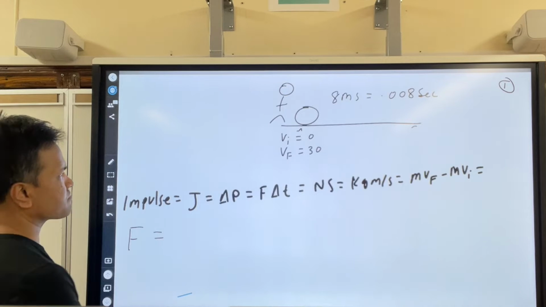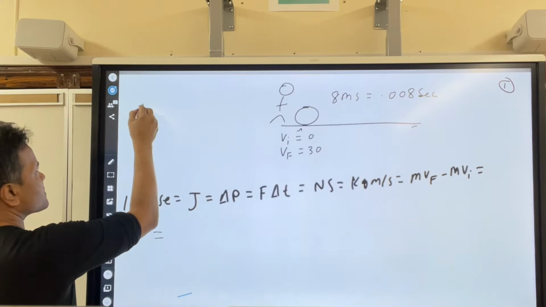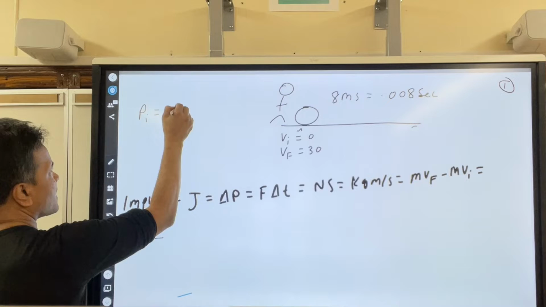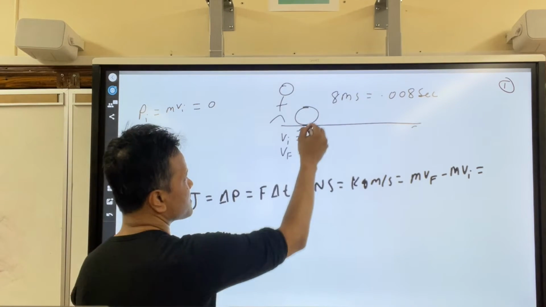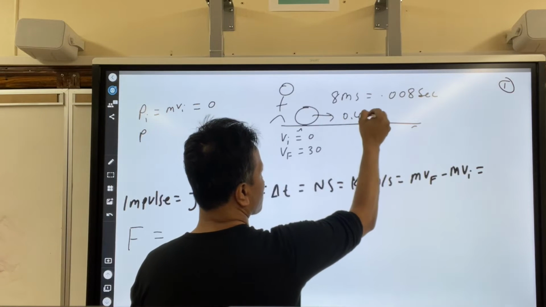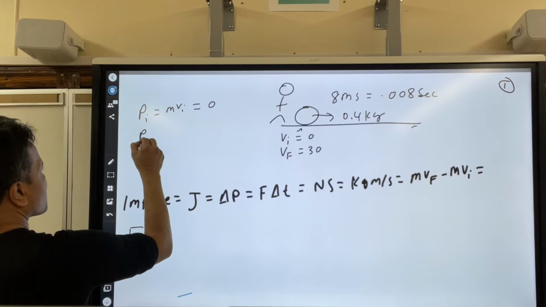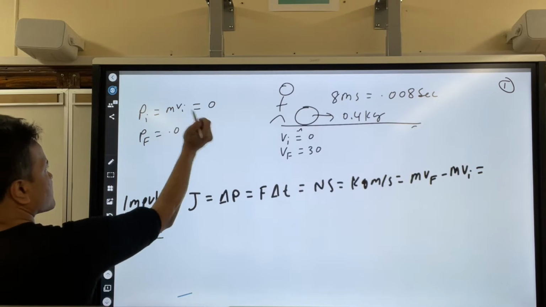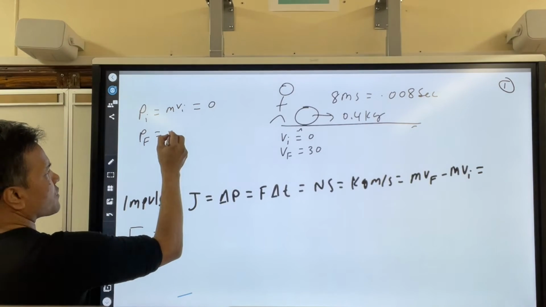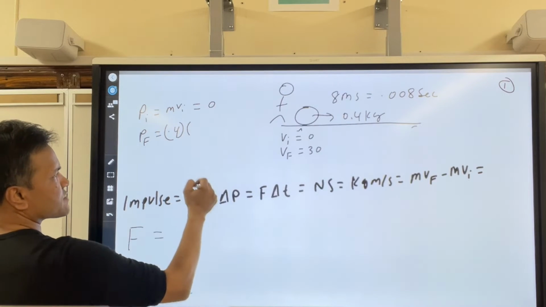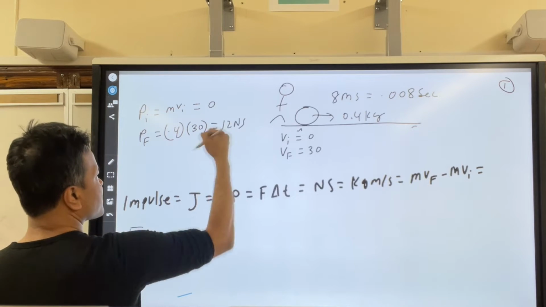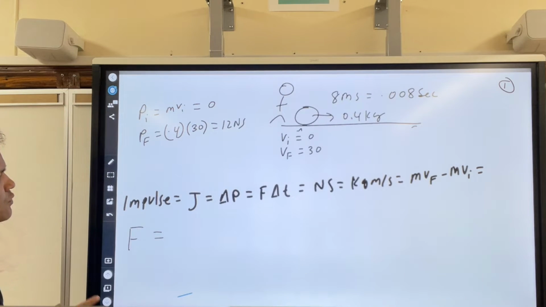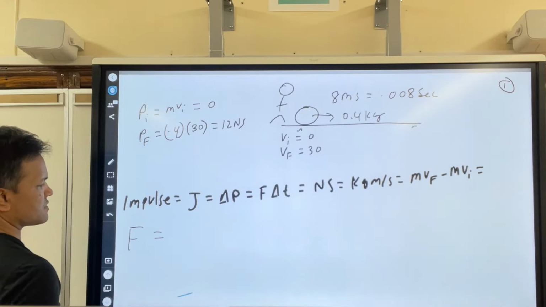So what is initial momentum? Initial momentum is mVi, so initial momentum is 0. Final momentum, let's say the football is 0.4 kilogram. So final momentum would be 0.4 times velocity 30, so 12 Newton second. Okay, good. So what is then the impulse?